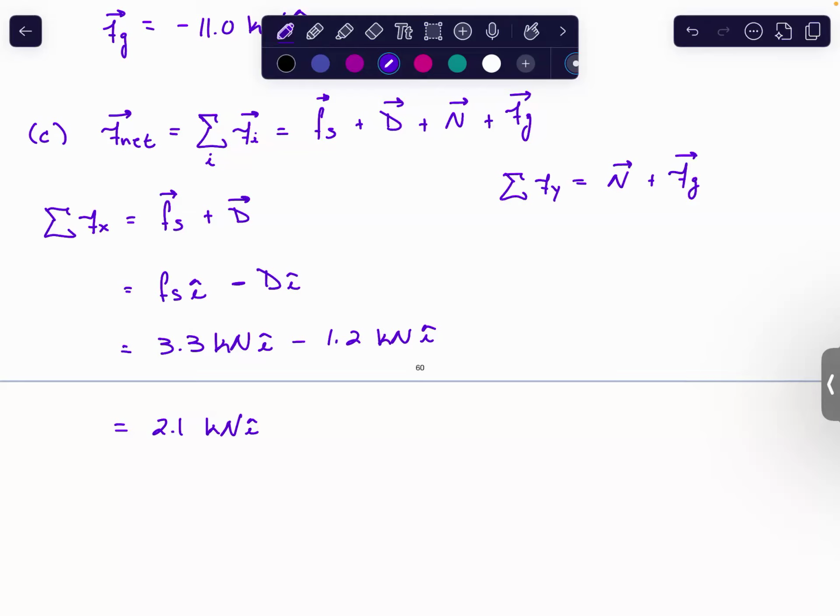We're not actually going to need numbers for this, because if you think about it, the car's not falling through the road. So the gravitational force and the normal force cancel each other out, which means the normal force equals negative the force of gravity.